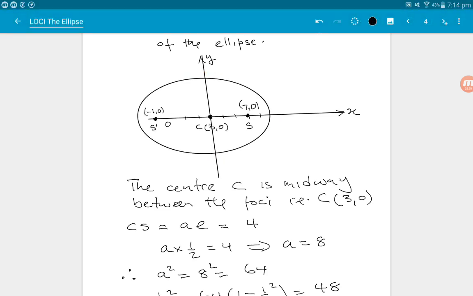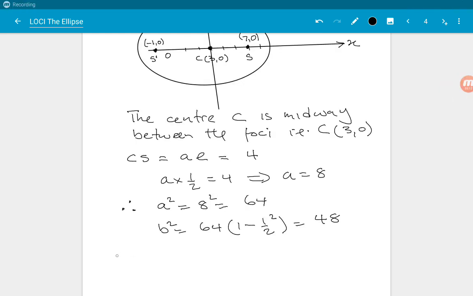That situation would be to modify the x values by a transformation of x minus 3. So the Cartesian equation is (x minus 3) squared divided by 64 plus y squared divided by 48 is equal to 1.